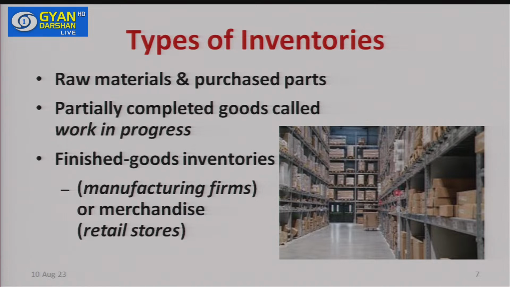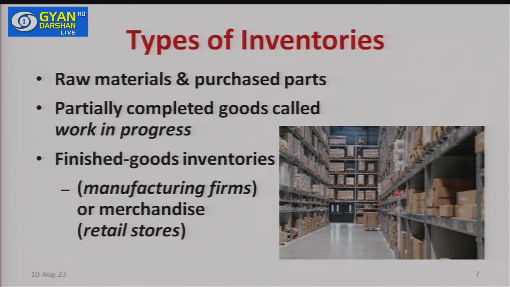The first and most important part is raw material and purchased parts, meaning inventory which is in raw form, or if we are buying something, a bought item behaves like a raw material or initial material. So this is called the first type of inventory.